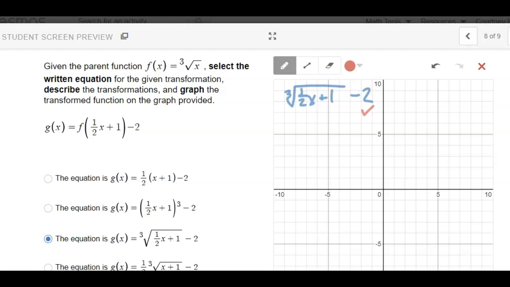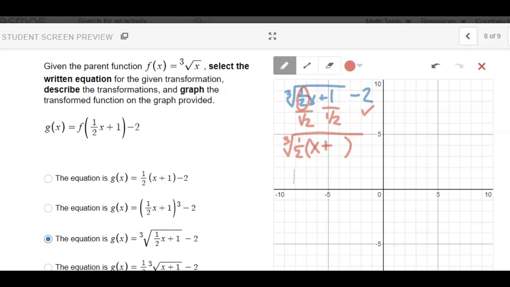Now, we also know that there's some kind of scale change happening, and there's a shift that's horizontal in there. So we need to figure out what's going on with that. And remember that if you ever have a coefficient, you need to divide by that coefficient. So we've got the cube root of 1/2 times x plus, well, 1 divided by 1/2 is really 1 times its reciprocal of 2.